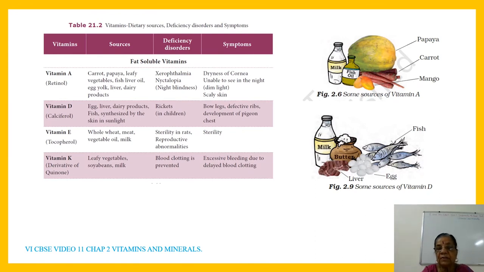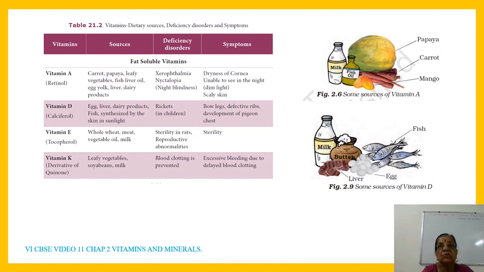I hope you understand. And what are the sources of vitamin A? The picture: carrot, papaya, leafy vegetables, fish liver oil, egg yolk, liver and dairy products.